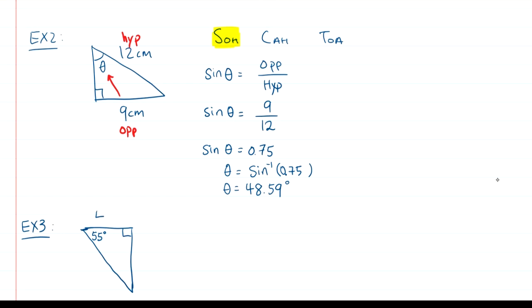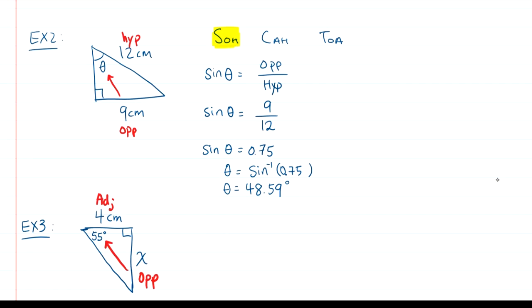This one is 4 centimeters, and the other side, the other leg, is unknown. So I'm going to call that X. The steps are similar. So we're going to label the legs. 4 centimeters is adjacent to the 55 angle. So let's call that adjacent. And X, the unknown, is opposite to the given angle. So we call that opposite.